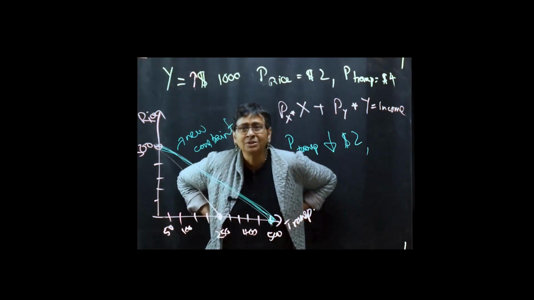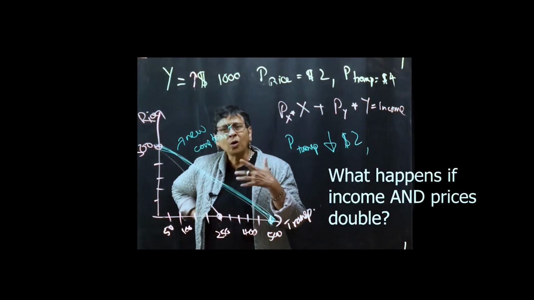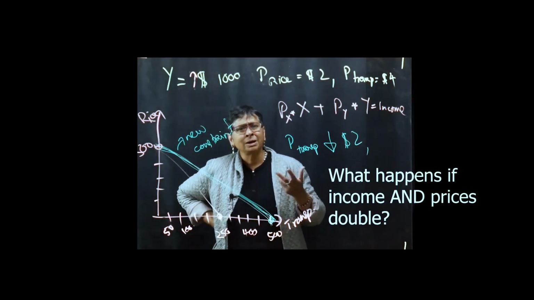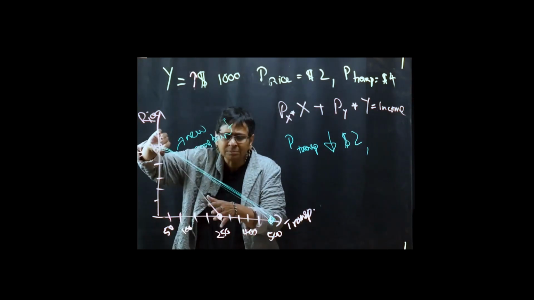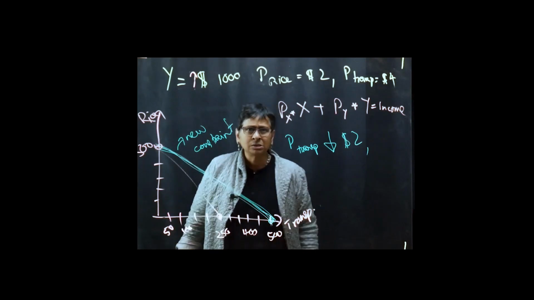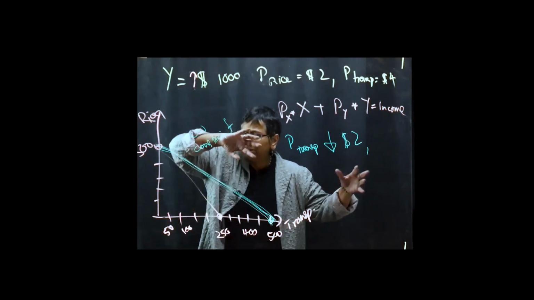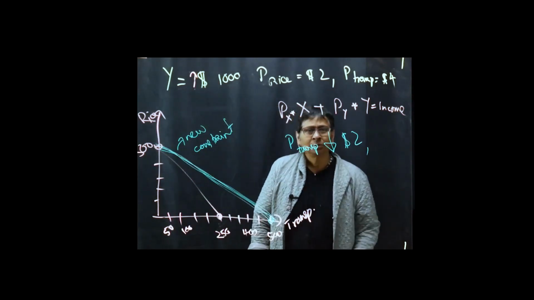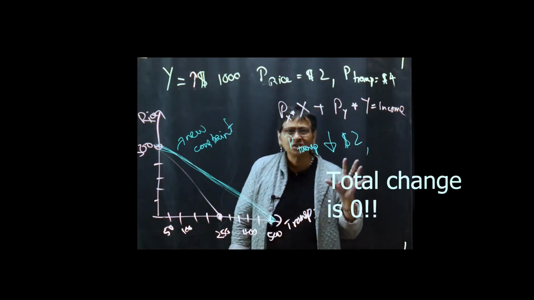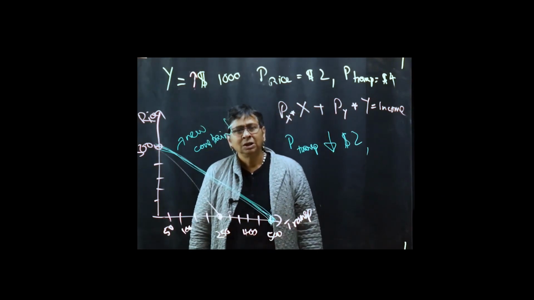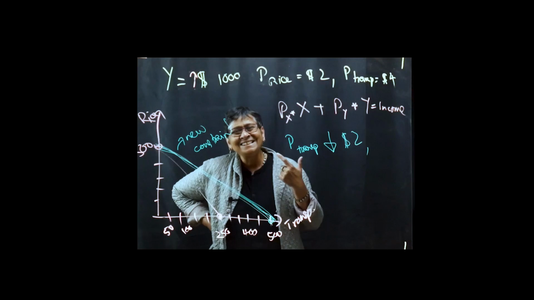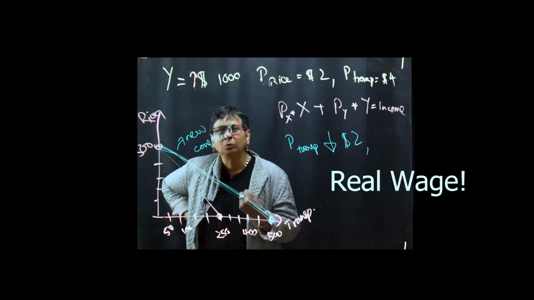One of the things that we will ask you to pay attention to, and you'll do a class problem on this, is what happens if my income doubles and my prices double? My income doubles, budget constraint goes out. My prices double, my budget constraint goes in. My total change is zero. So this is the idea of what is sometimes called the real wage.